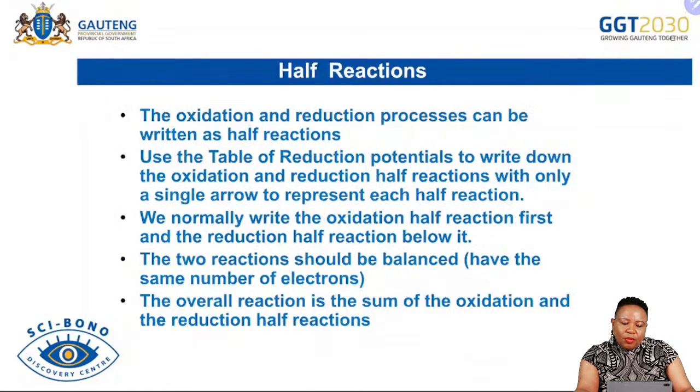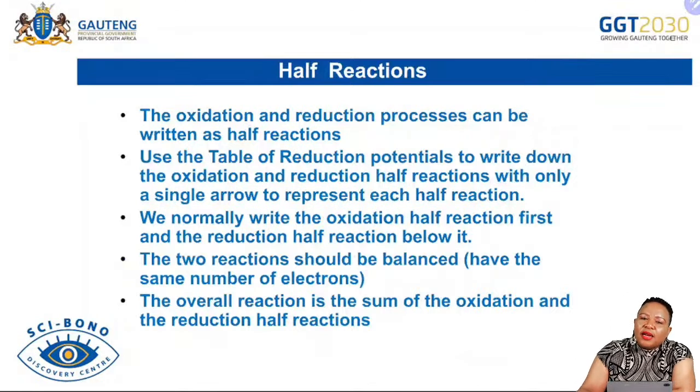Now, because we have already looked at how we write our half reactions, we write our half reactions taking them from our reduction potential table. We'll write them as oxidation and reduction. We'll read our oxidation from left to right, and our reduction we'll read from right to left.